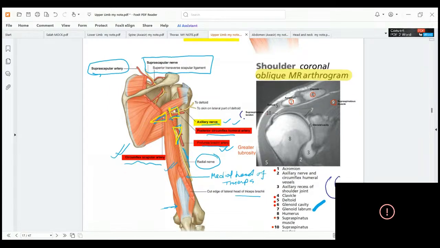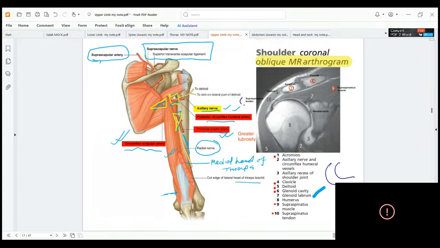In this picture, number one, acromion. Number five is deltoid muscle.